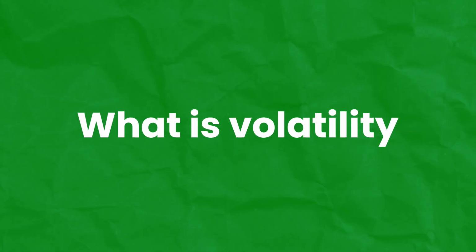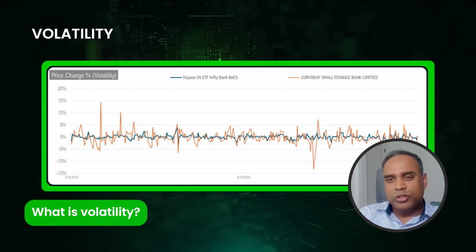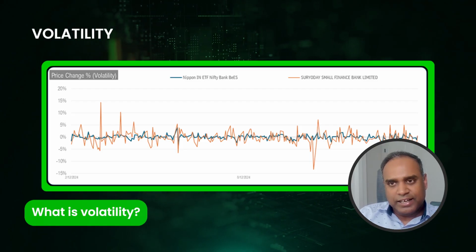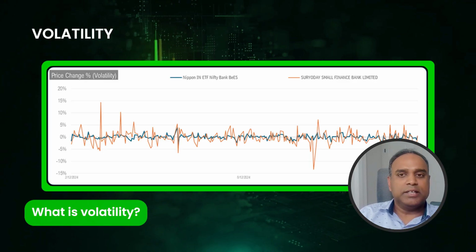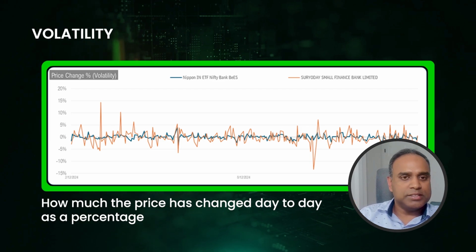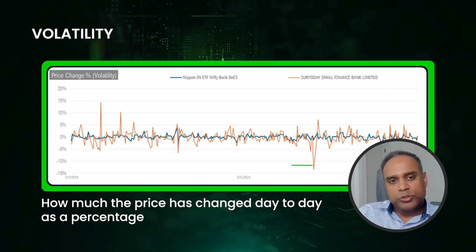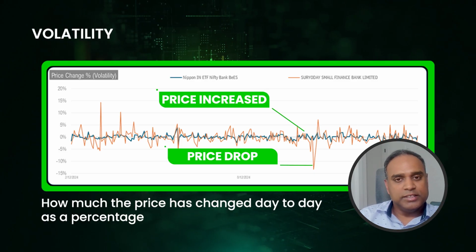Now, what is volatility? If you look at this chart, what you see is 2 different lines, one for one of the ETFs, and the other one for a Suryodaya Small Finance Bank Limited stock. The lines represent how much the price has changed day to day as a percentage. If it goes below 0, that means the price dropped. If it goes above 0, it means the price increased that day.